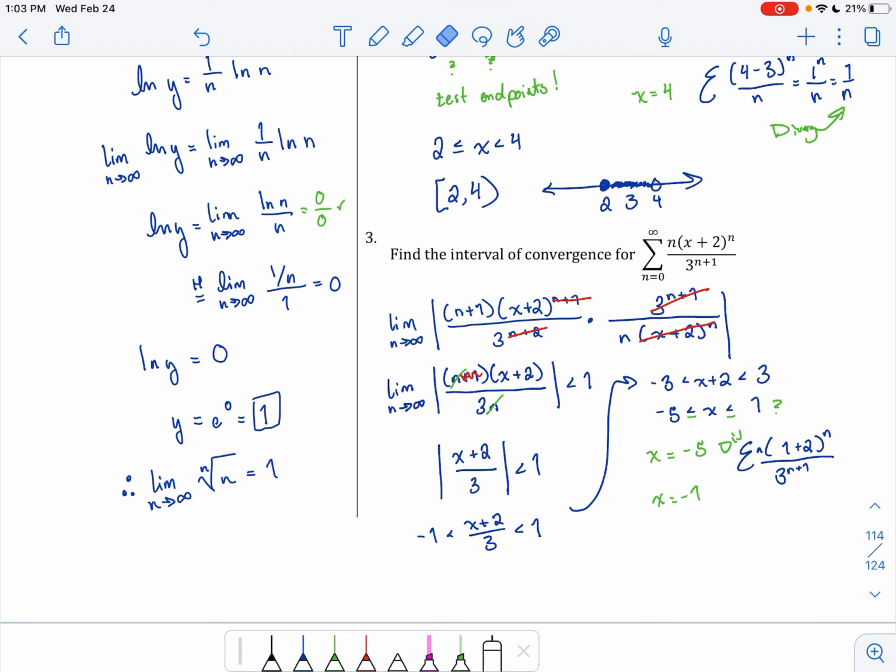Apologize for that. And then I get 3 to the n over 3 to the n plus 1, which means our series is n over 3, which is also divergent. Because, again, the terms all just keep getting bigger. So my final answer is x between negative 5 and 1 is the bounds, and it is an open boundary.